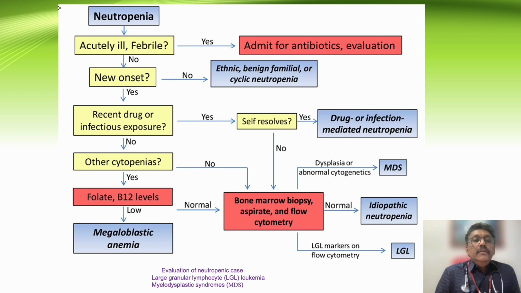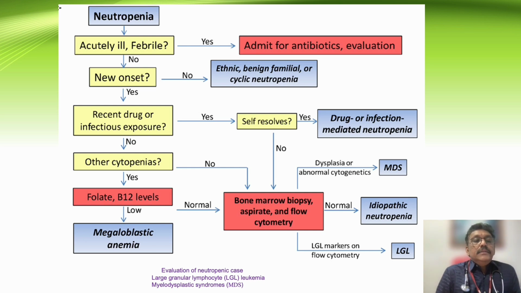If the patient is ill or febrile, we can directly start antibiotics. Even otherwise, if the neutrophil counts are very, very low, to prevent infection we have to give antibiotics. When we are thinking about antibiotics, Pseudomonas is one of the most important problems in neutropenia. So we have to take care of that.